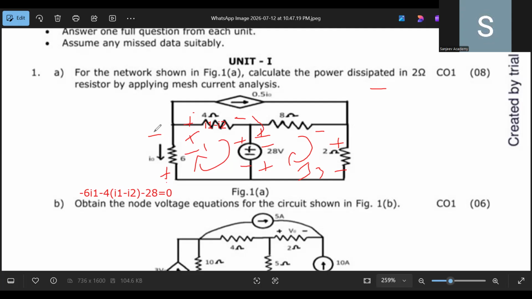So this 8 will be I3 minus I2. Splitting I3 minus I2, because once it comes here, I2 is also there. So from I3, I have to subtract I2. Up to this, is it clear? And this is for I3.